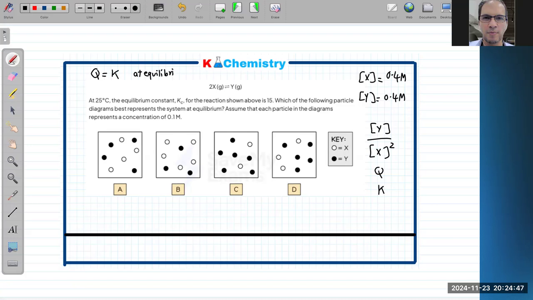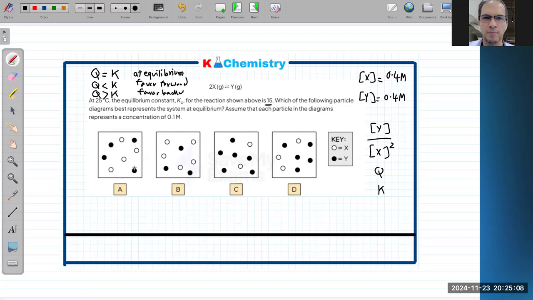So what we are trying to find is which value will be equal to the K, which is 15. If the Q is less than K, or Q is more than K, you are not at equilibrium. Here you are favoring the forward reaction more, and here you are favoring the backward reaction more.